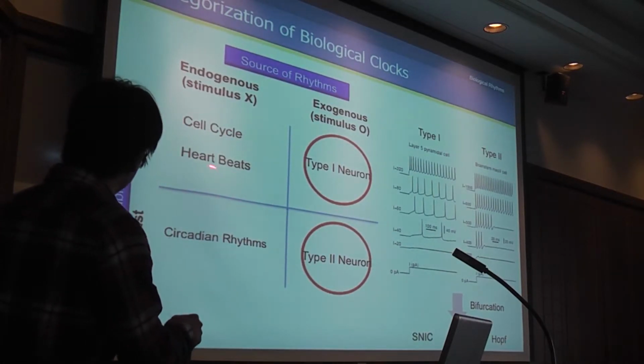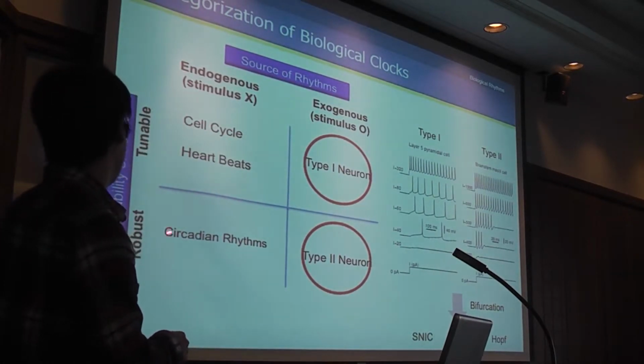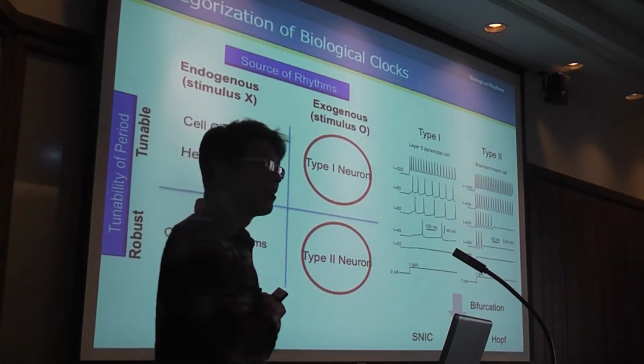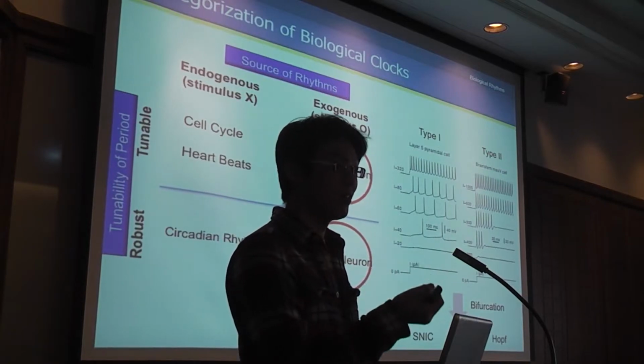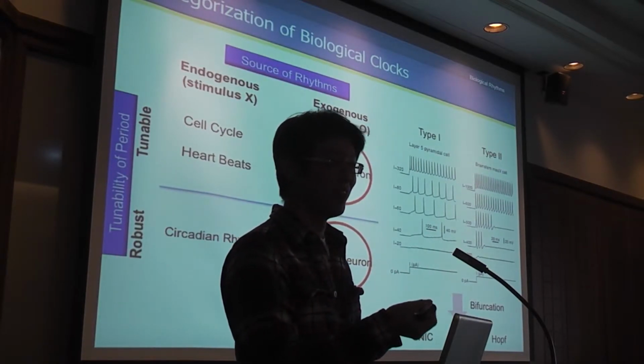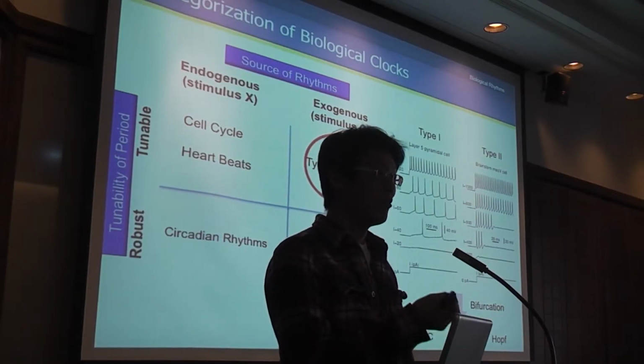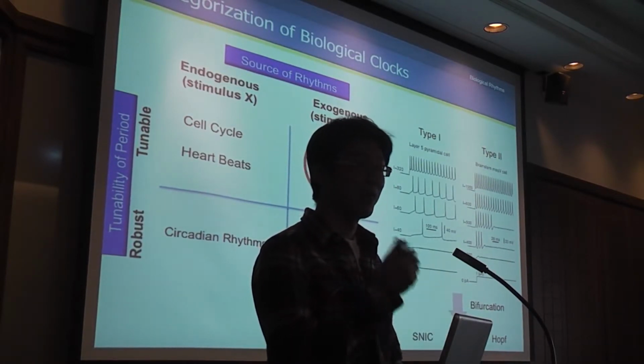But these clocks are tunable, while this clock has a very robust rhythm. What I mean is, if you imagine your heart beating, is the frequency of your heart constant? No, right? When you sleep, it slows down, but when you exercise, it becomes faster, right?